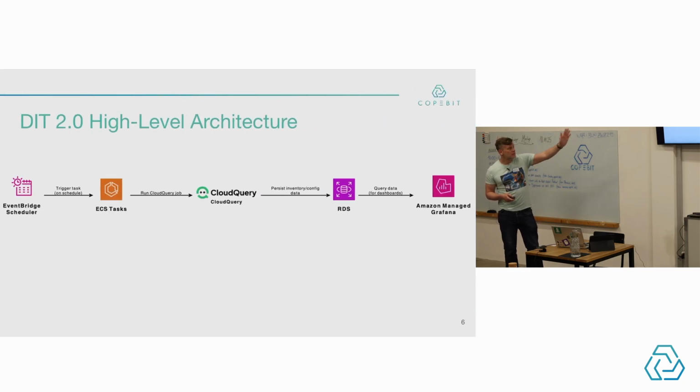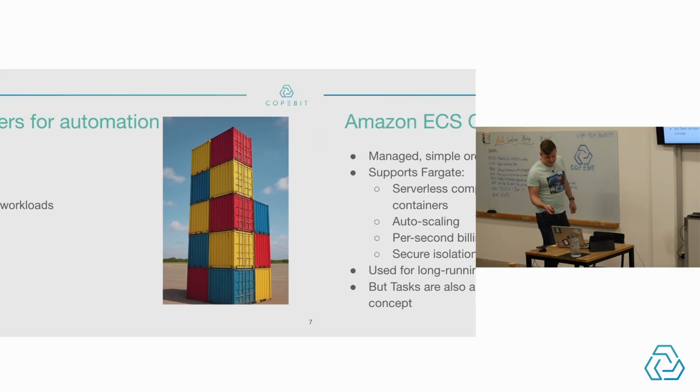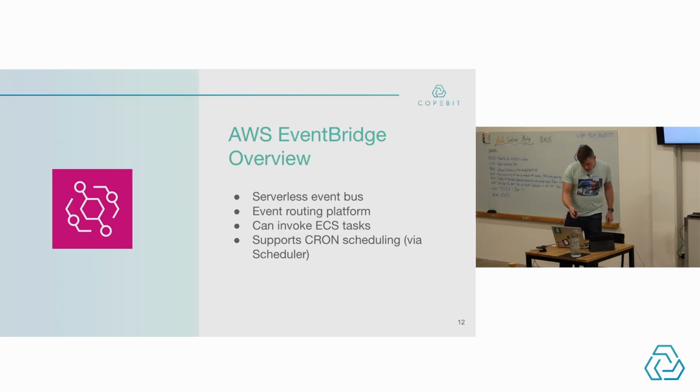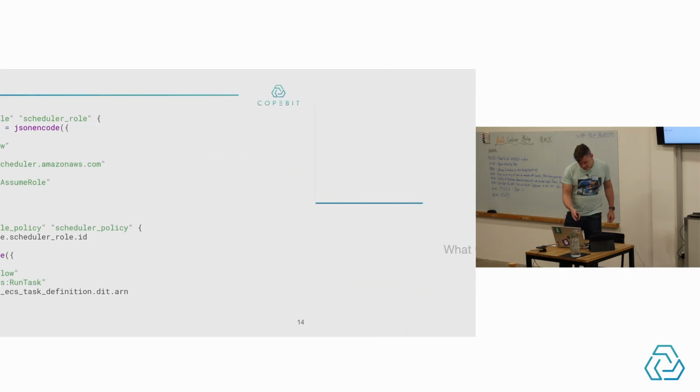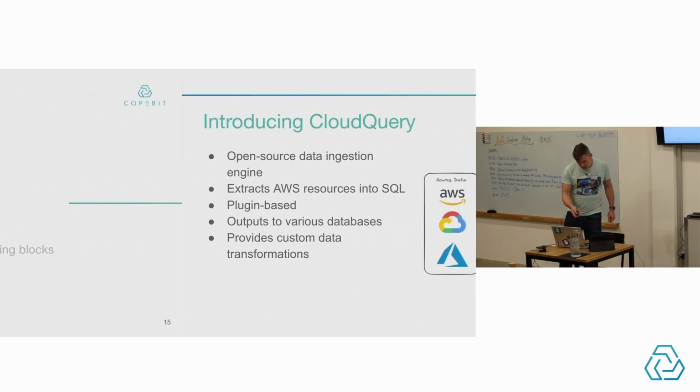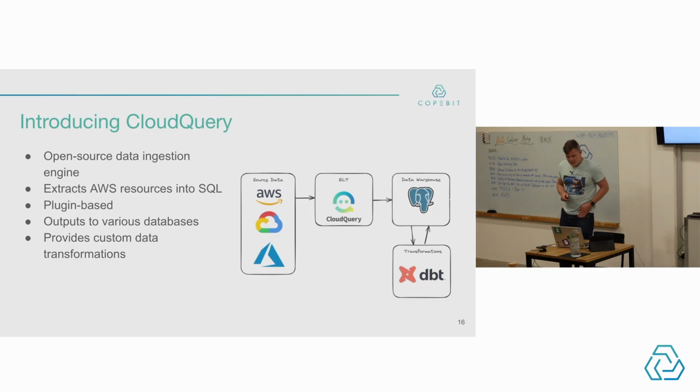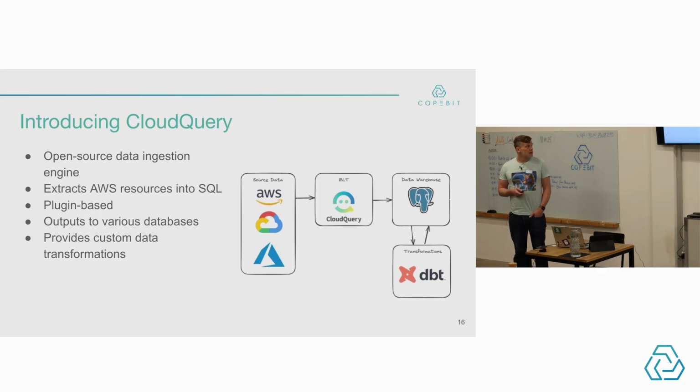We use the EventBridge Scheduler and the ECS task to run Cloud Query in a container. And that's an open source tool that is specialized for getting data from the different cloud providers: AWS, Google Cloud, and Azure.